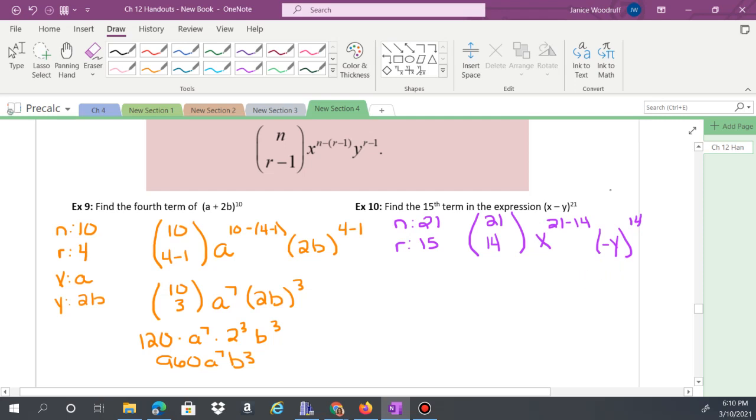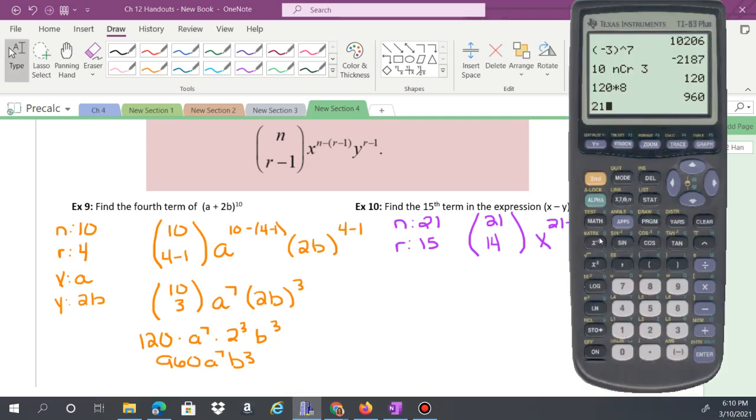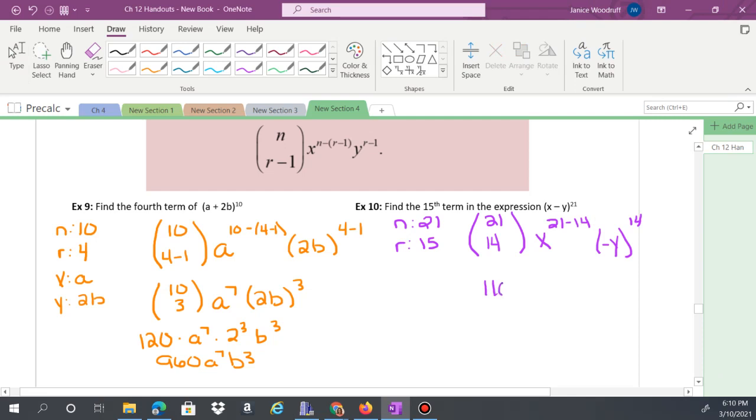So then 21c14 is 116,280. And then x to the 21 minus 14 is x to the 7th. Negative y to the 14th is going to be a positive y to the 14th. So if that were like to the 15th, then you take the negative sign, flip it to the right.